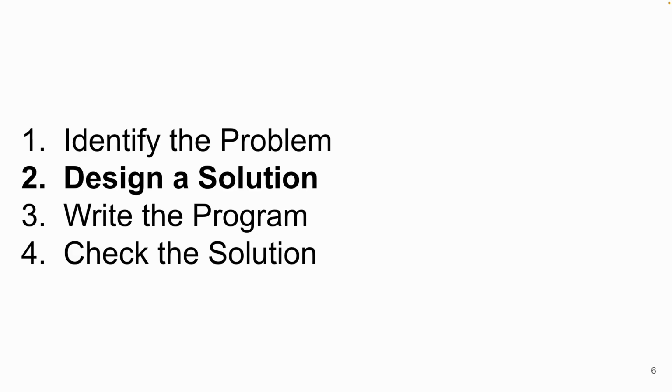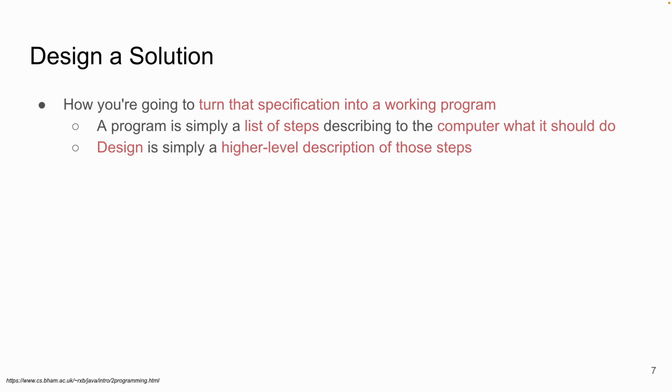So the second step is design a solution. After we have the spec, we need to turn the spec into a working program. A program is basically a list of steps, and the list of steps tells the computer what kind of things the computer should do.